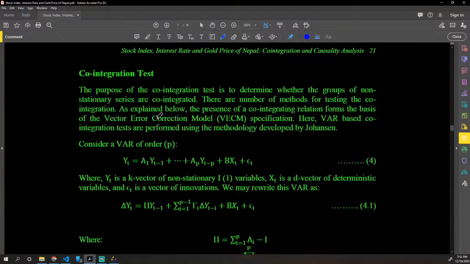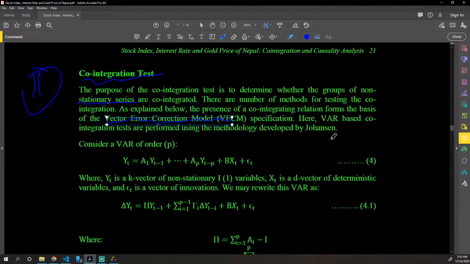As explained below, the presence of a co-integrating relationship forms the basis of the vector error correction model.